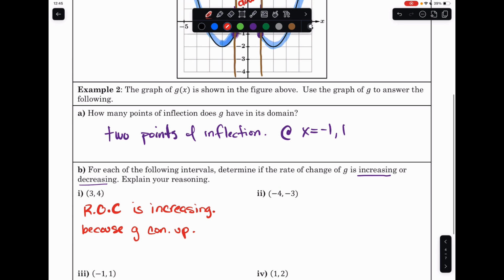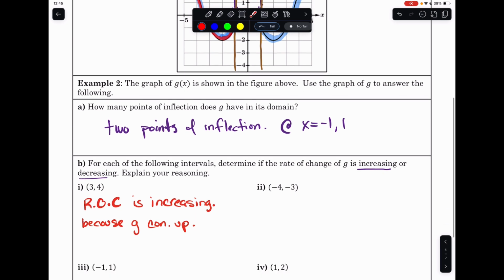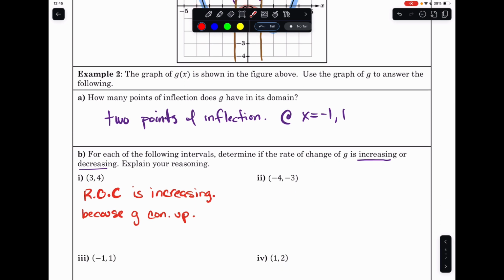Now let's see what's happening from -4 to -3. From -4, which is right here, to -3, well, again, the graph is concaving upwards, so our rate of change yet again is increasing.